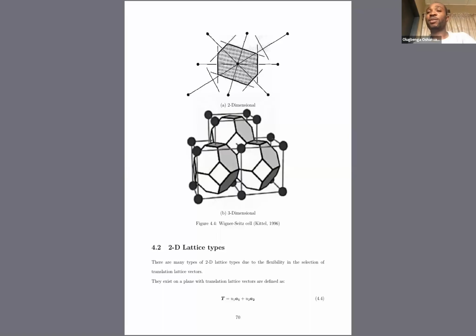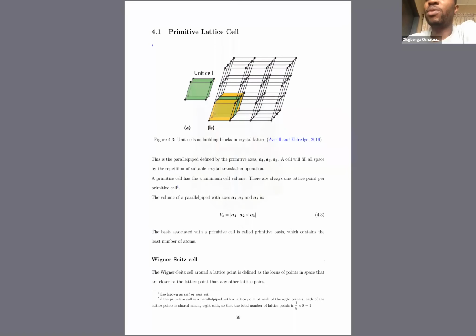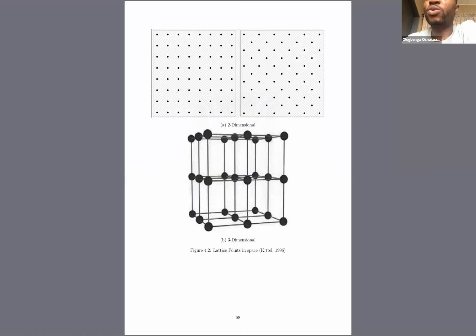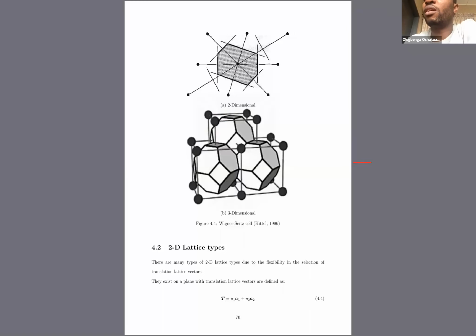Just like the example I gave earlier about the Wigner-Seitz cell, a square lattice is very straightforward, because the atoms or lattice points form a square pattern, and we could say this is 1 lattice point. But look at this Figure 4a, where the lattice points do not form a square pattern.